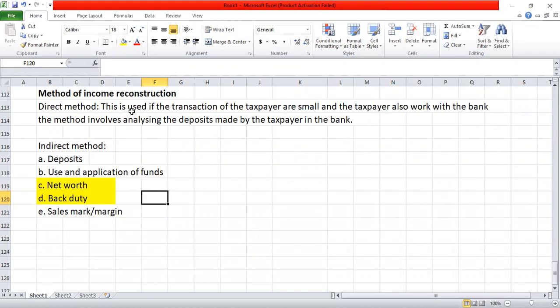So deposits, which is the one we have looked at, you are assessing the deposits in the bank.